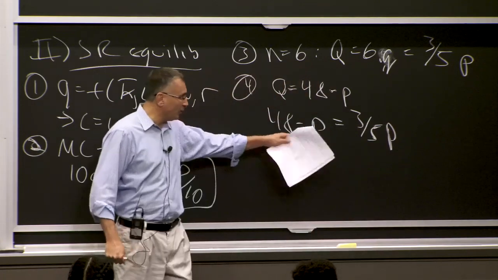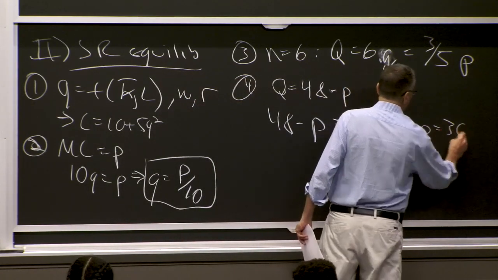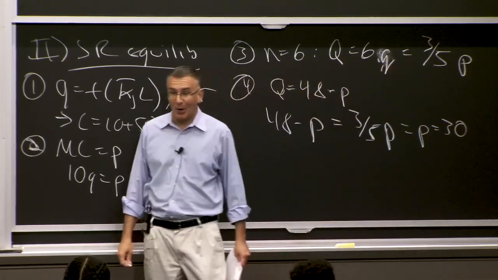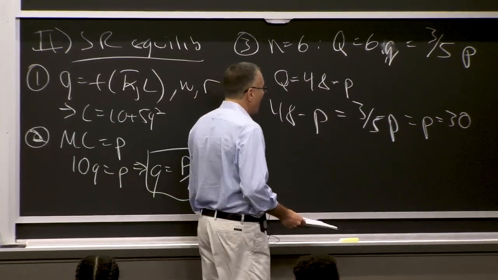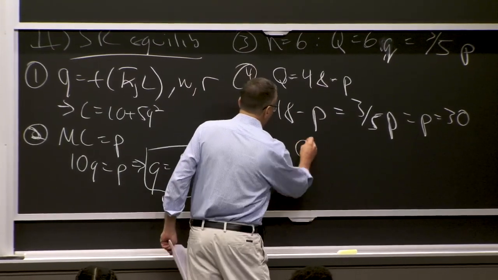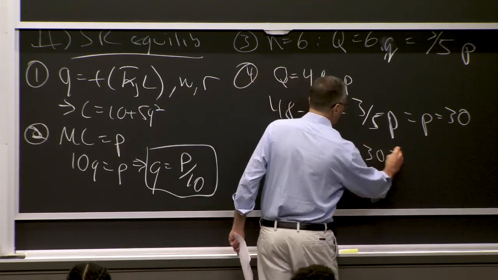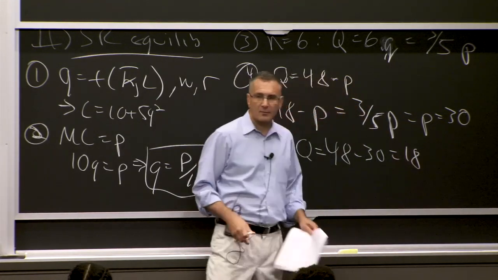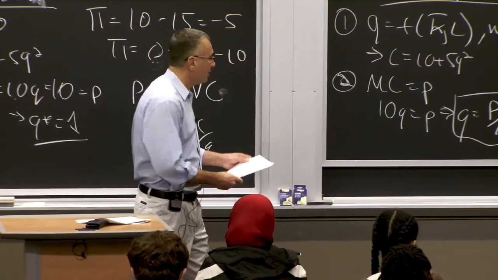Demand equal to supply. And we end up with P equals 30, conveniently familiar number. Which means that the total demand, big Q, is 48 minus 30 equals 18. Also a convenient number, and I'll show you why.